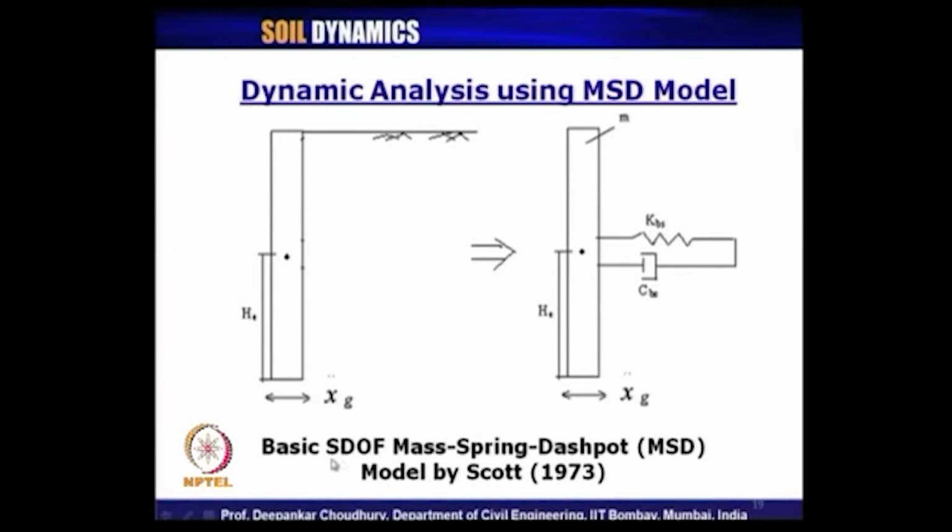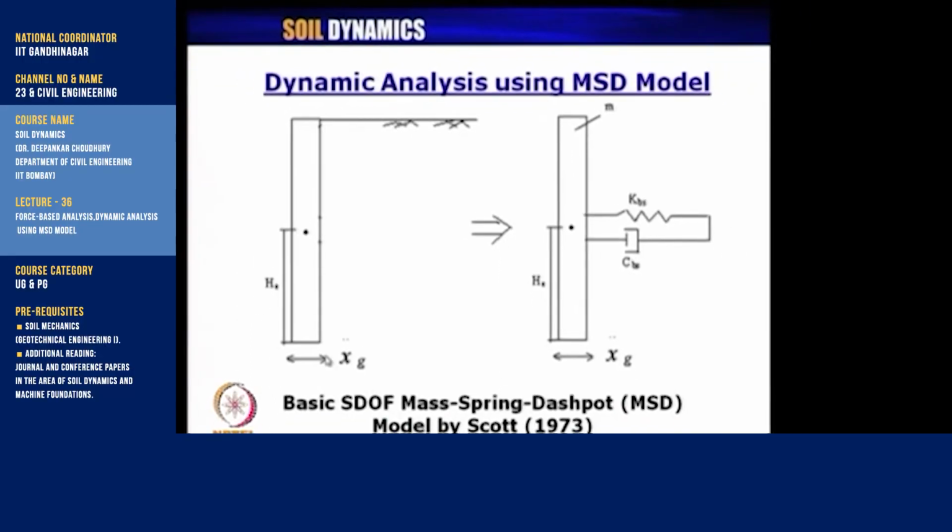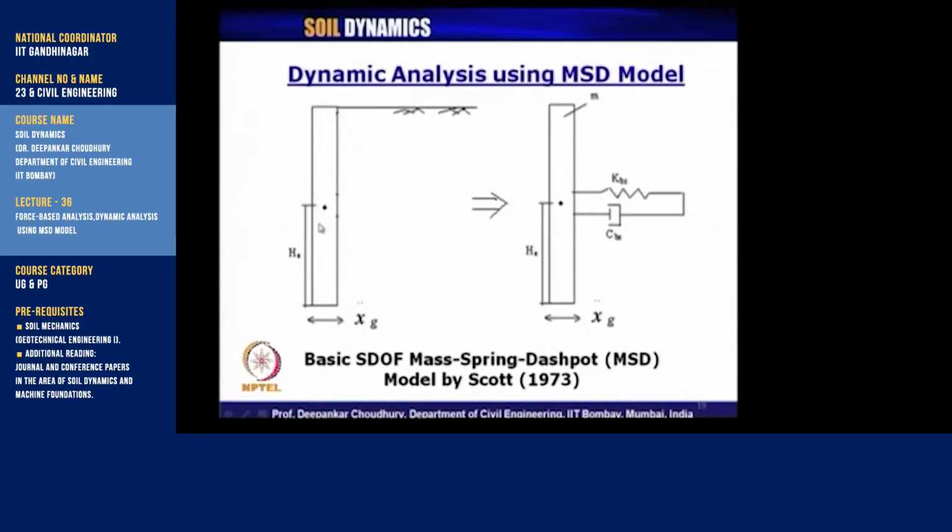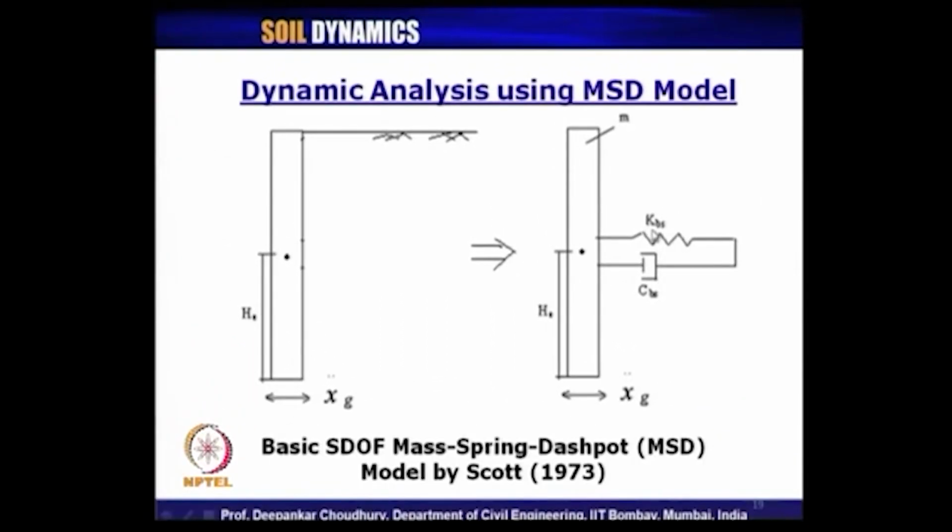That was basic single degree of freedom model. What Scott considered, this is the rigid retaining wall, the point of application H e at the height of H e from the base of the wall, and wall is shaken with this amount of acceleration, ground acceleration, and the soil, this backfill soil has been modeled as the stiffness and damper material. Okay? And m is the mass of this wall.